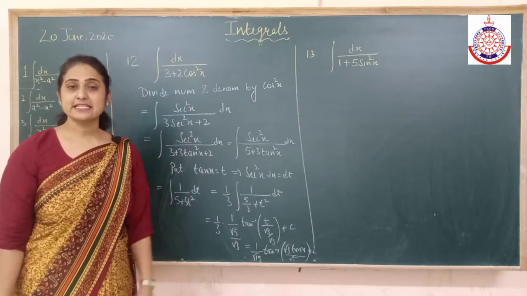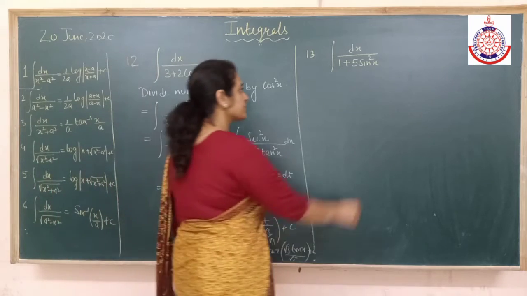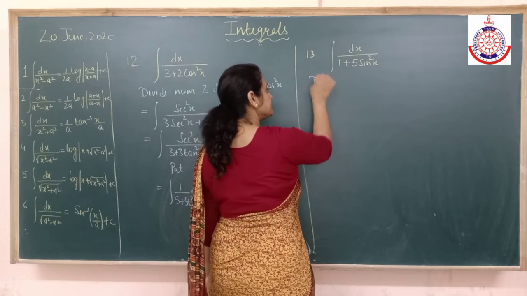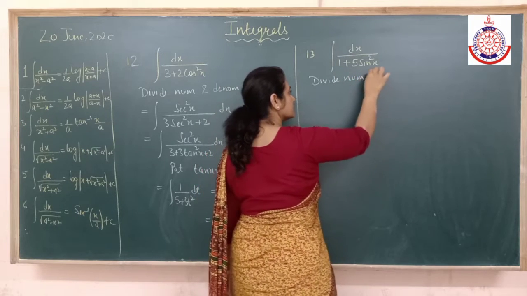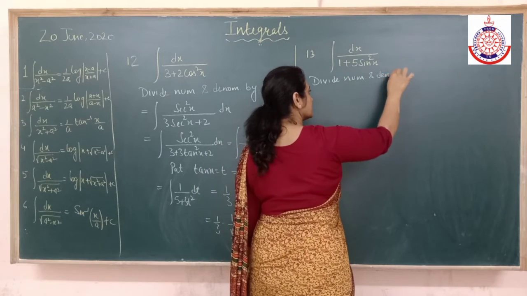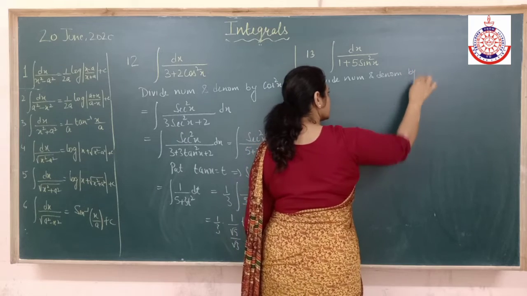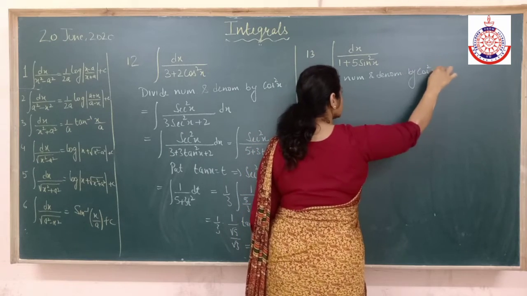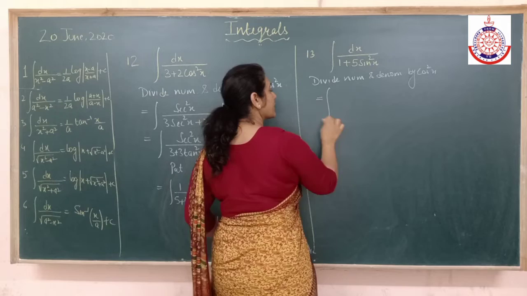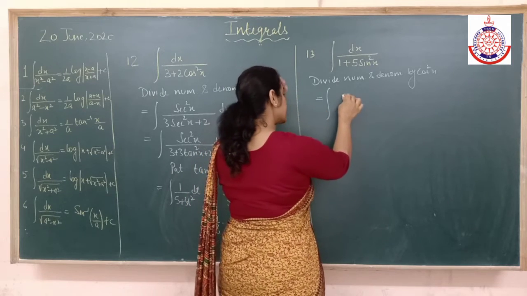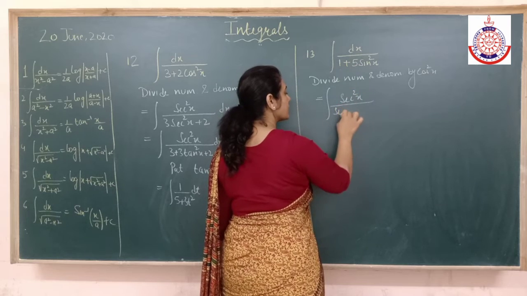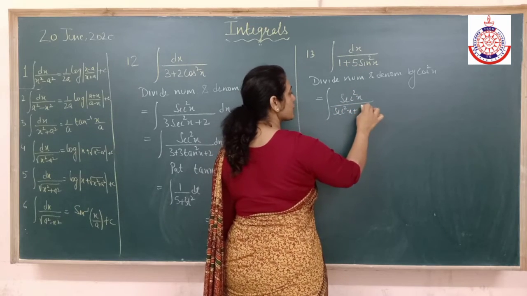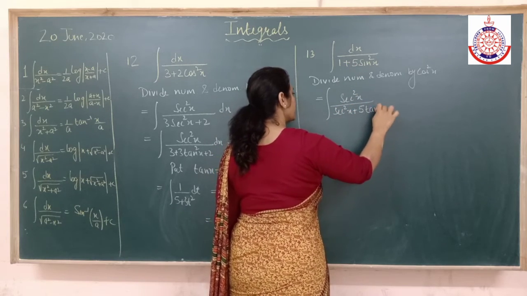Same I am going to do in that example also. I will divide numerator and denominator by cos square. So 1 by cos square, in the numerator I will get secant square. 1 by cos square, secant square, sin square by cos square, tan square.